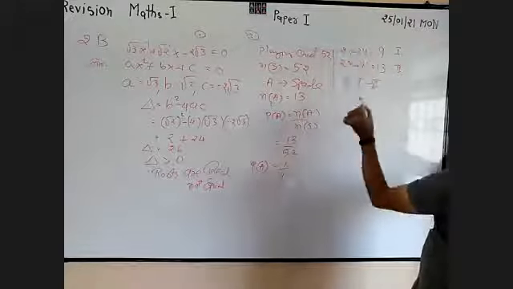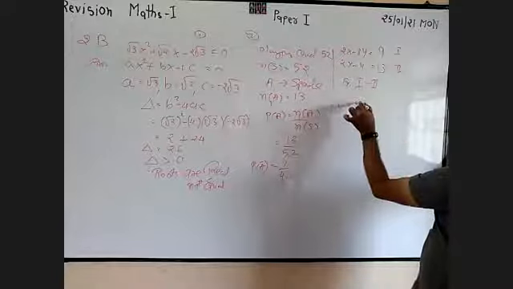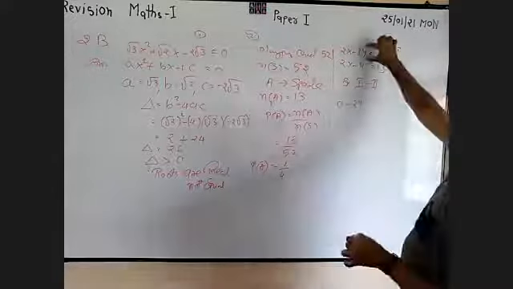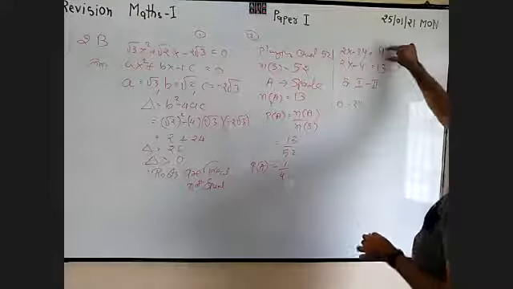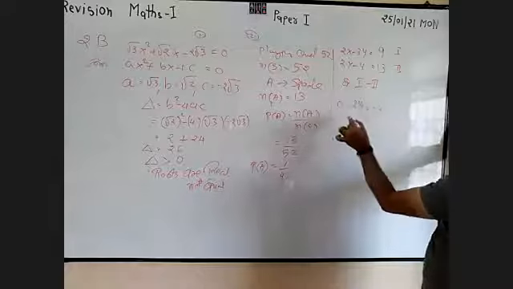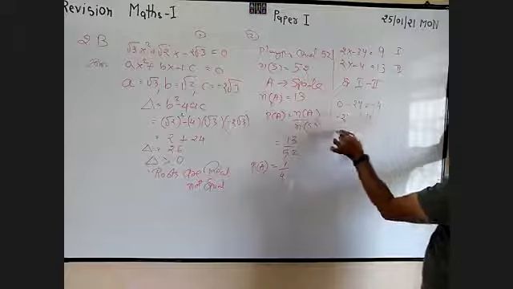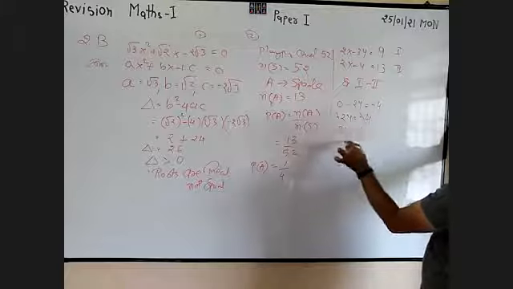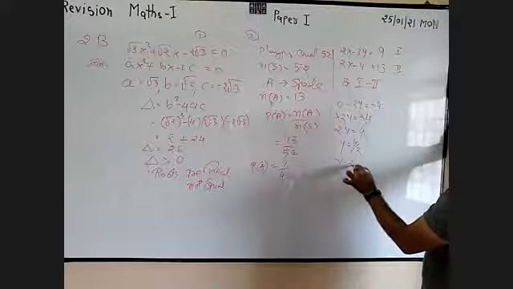So 2x minus 2x is 0. Minus 3y minus minus y is plus y, so minus 2y. 9 minus 13 is minus 4. So minus 2y is equal to minus 4. Minus minus cancel, 2y is equal to 4. Y is equal to 4 by 2. Y is equal to 2.